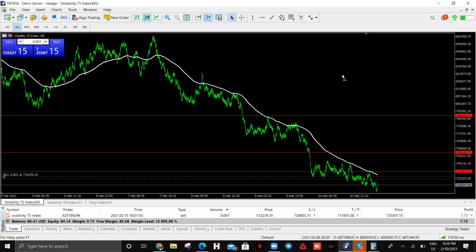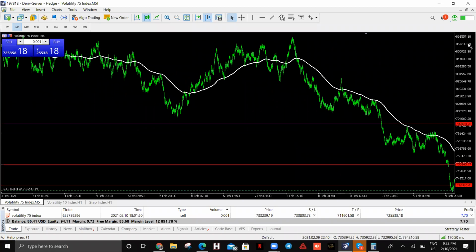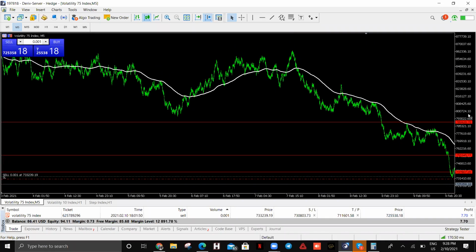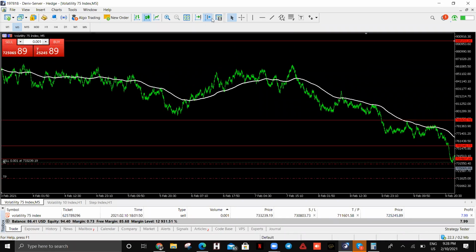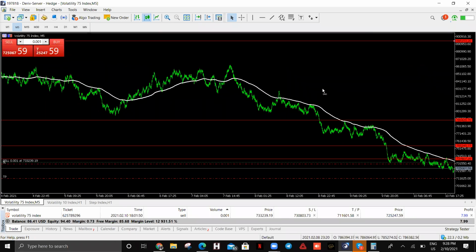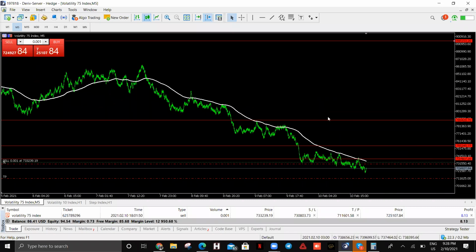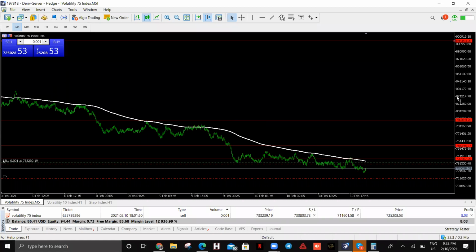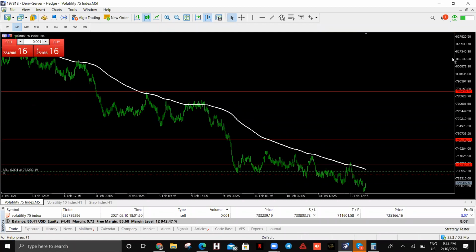Let me move this way and see if I can move it this way. Okay, let me start from this side here. I don't like using MT4 because it's not as friendly as TradingView.